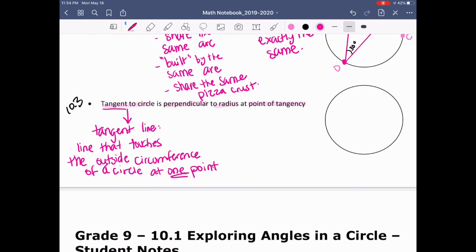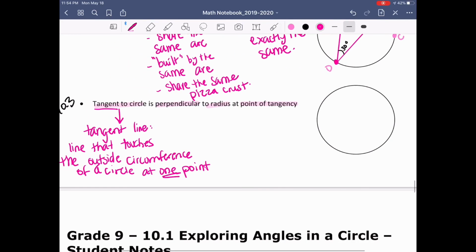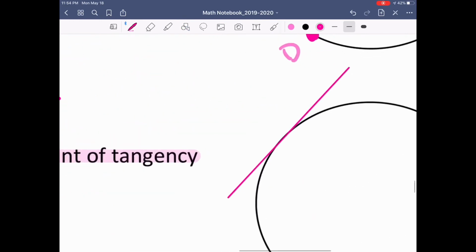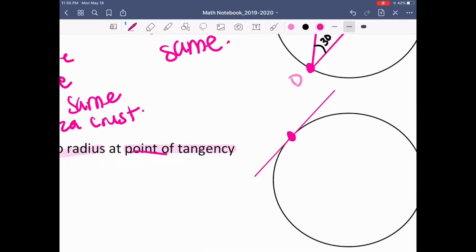We're going to cover this more in 10.3. So basically a tangent line is on the outside of a circle, and it only touches the circumference at one point. Sorry, my lines are a little bit off. We call this point the point of tangency.